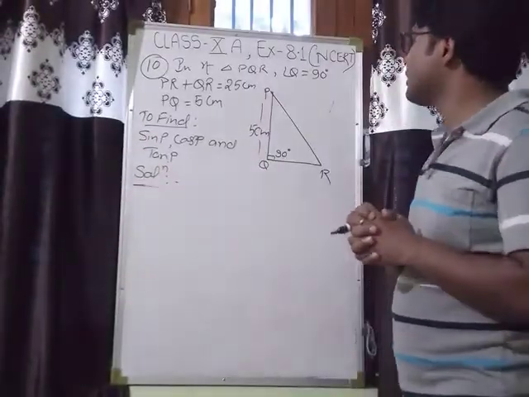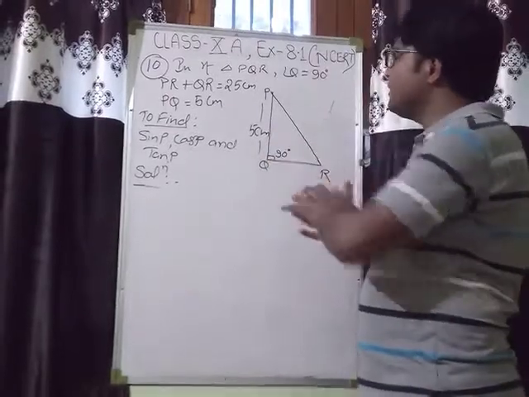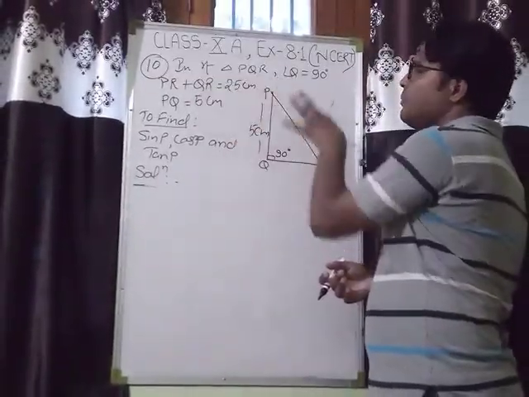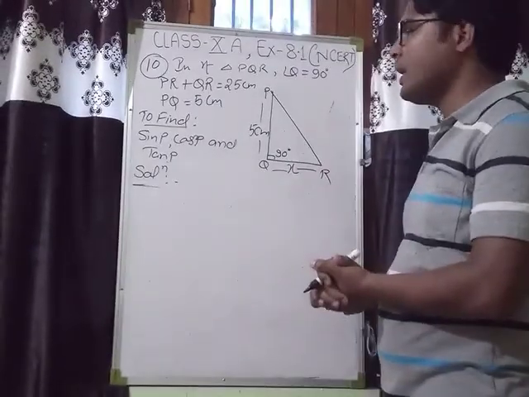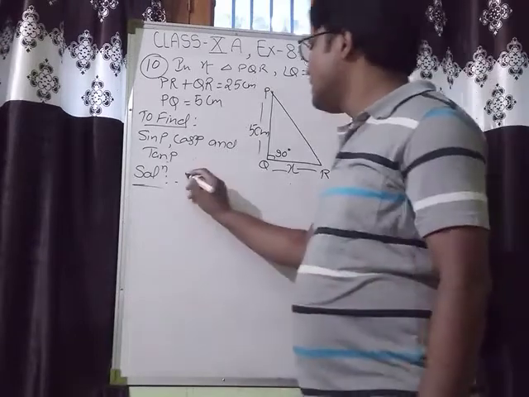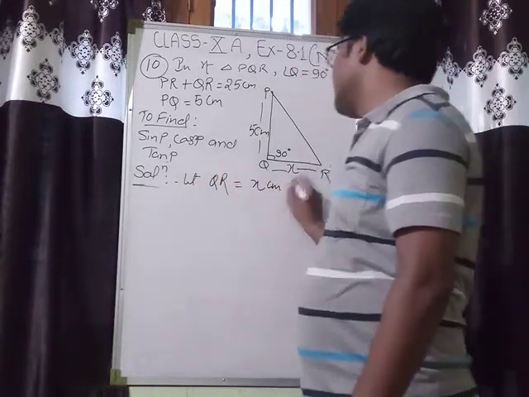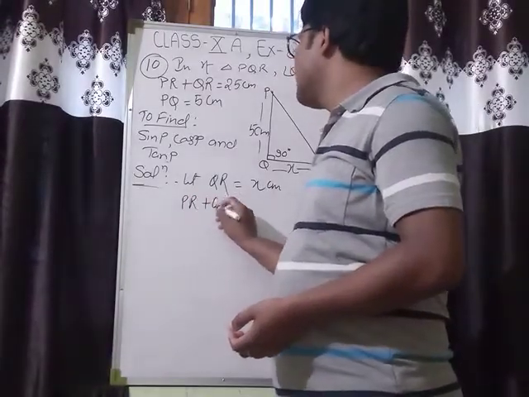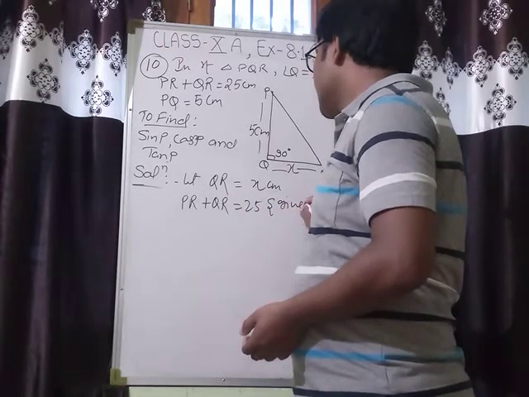See, this triangle is a right angle triangle in which angle Q is 90 degrees, the length of PQ is given and the sum of the other two sides is given. The sum of PR and QR is given. So let the length of QR be X centimeters. Then PR plus QR is 25, it is given.